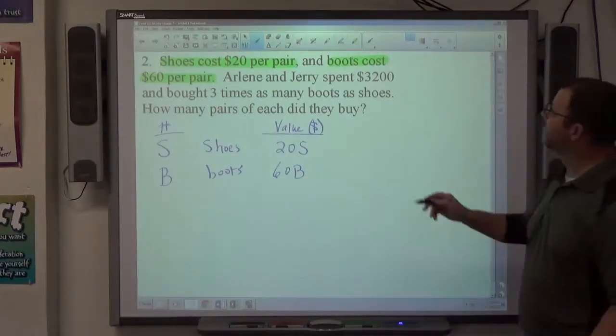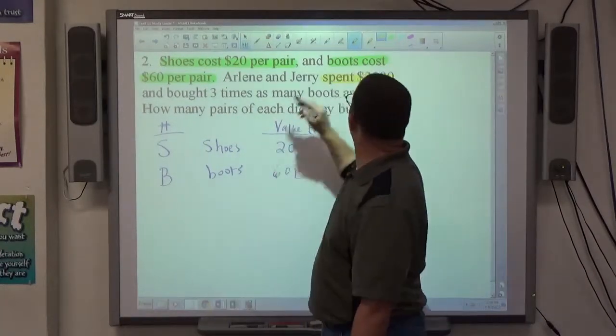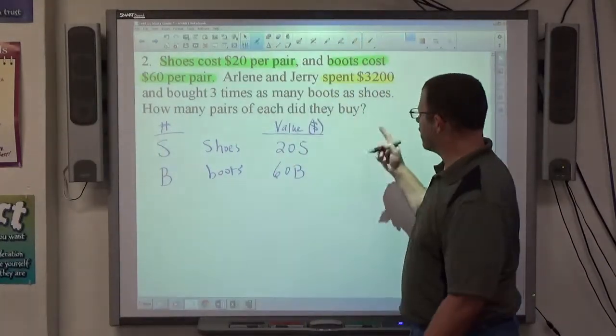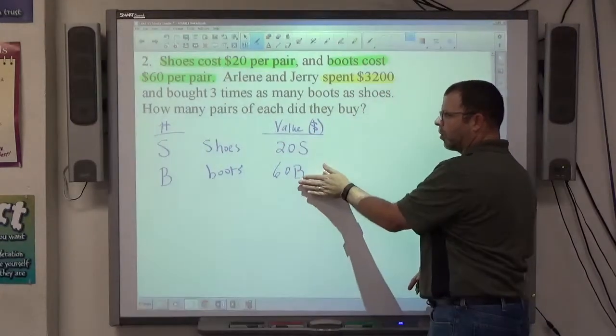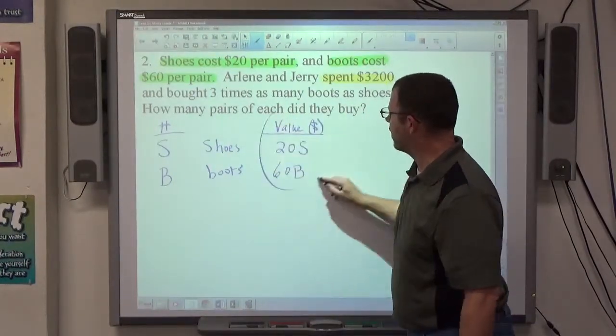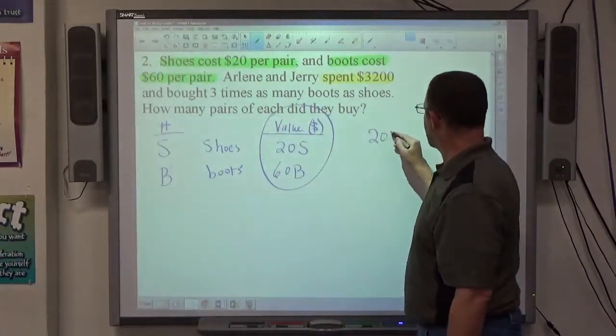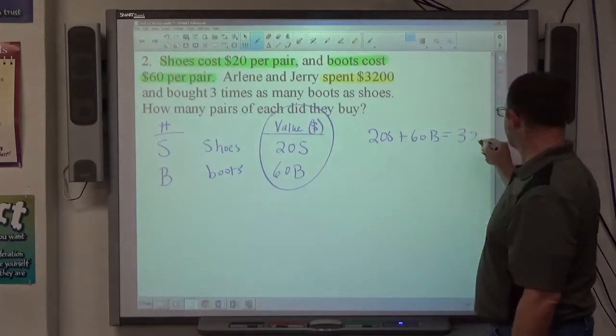Then if we take a look at the specific information they give us, they spent $3,200. Okay, so what they spent represents value. The value of what they spent in dollars tells me that one equation is going to be, just using these variables, 20s plus 60b is equal to 3,200.